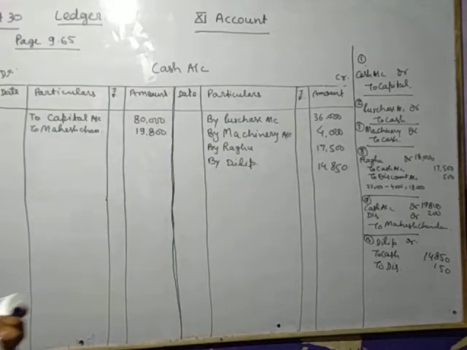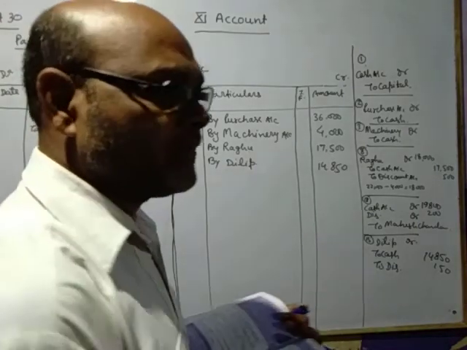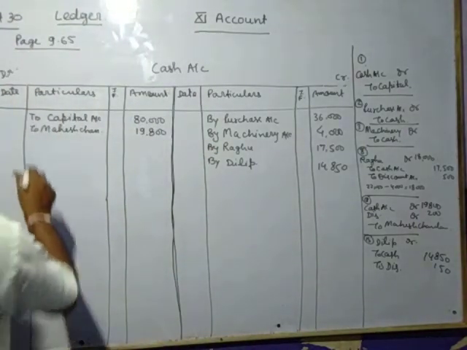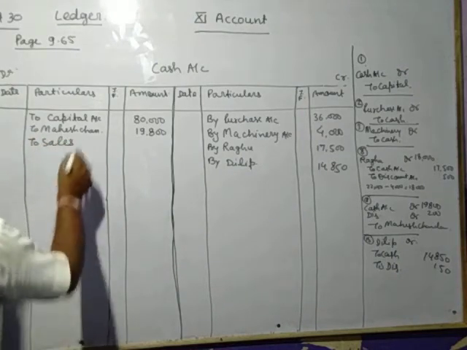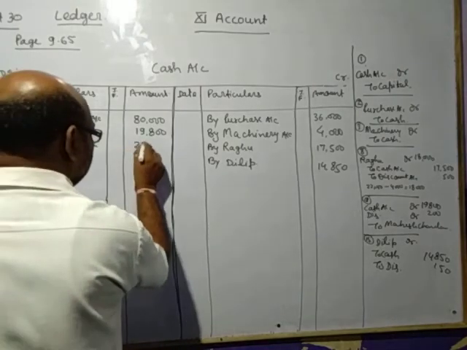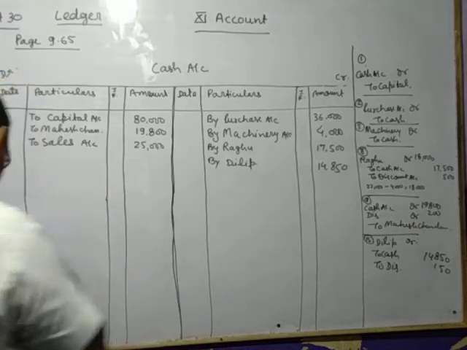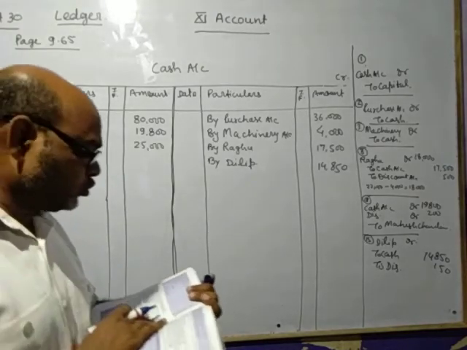Now next one, sold goods for cash. So cash account debit to sales. Cash is debit. So on the debit side you will write to sales account. And amount is 25,000. Now sold goods for cash to Sudhir Limited.